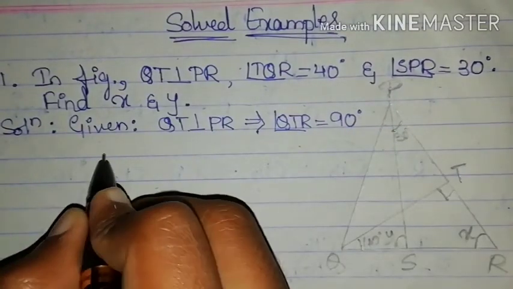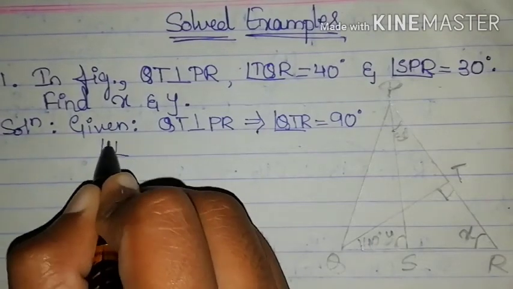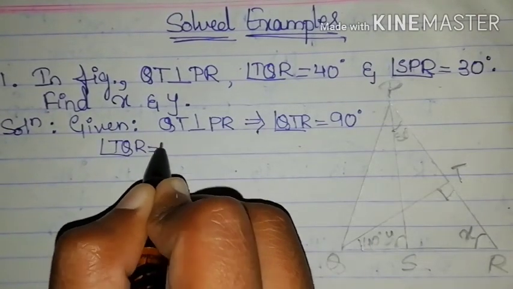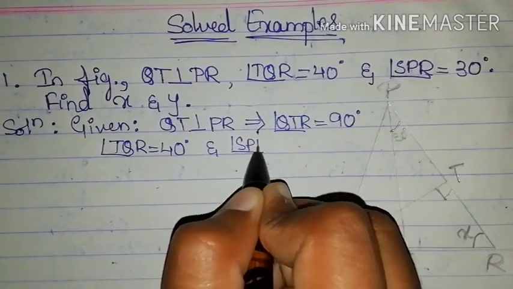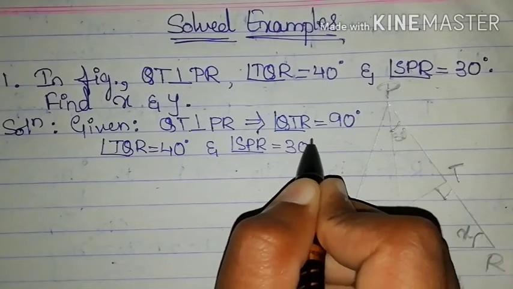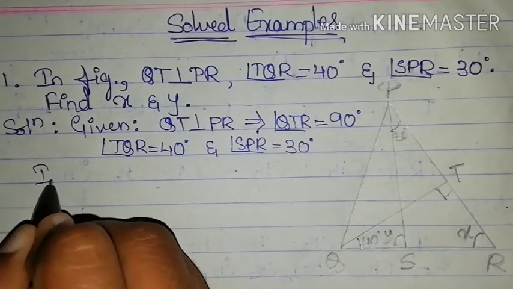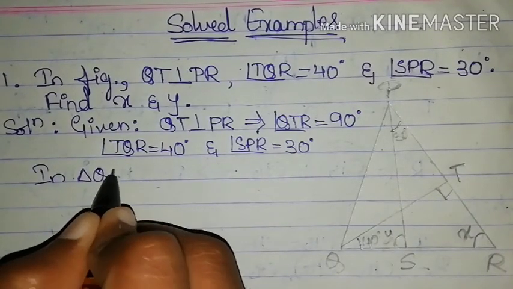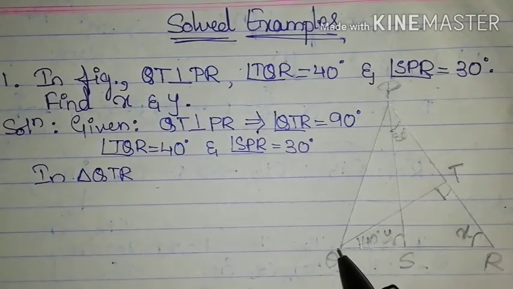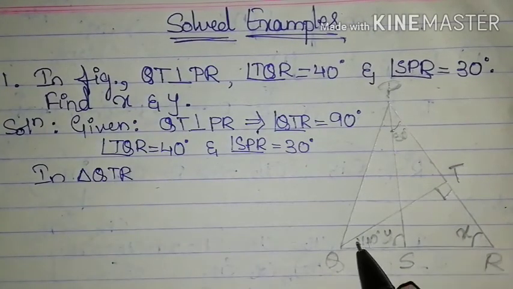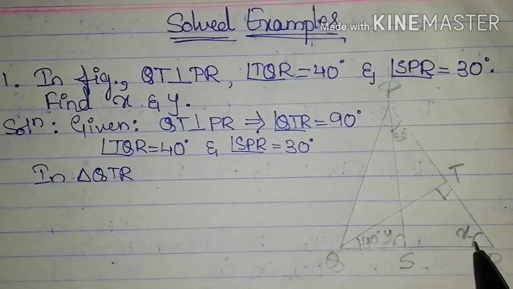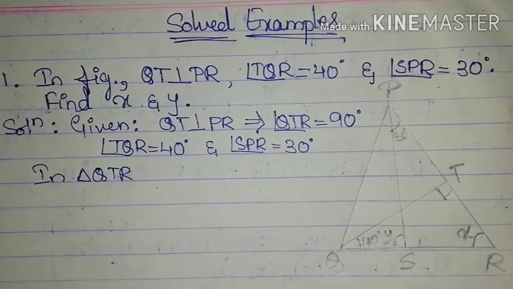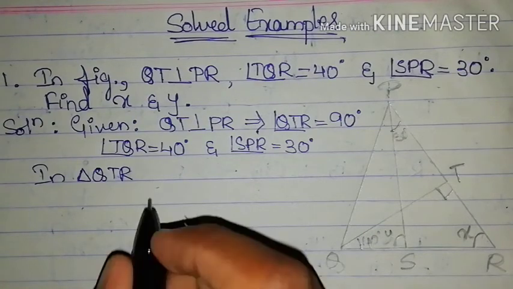And they have also given us that angle TQR is equal to 40 degrees and angle SPR is equal to 30 degrees. So now in this triangle QTR, we know the values of two angles and we can find the value of X here, right?